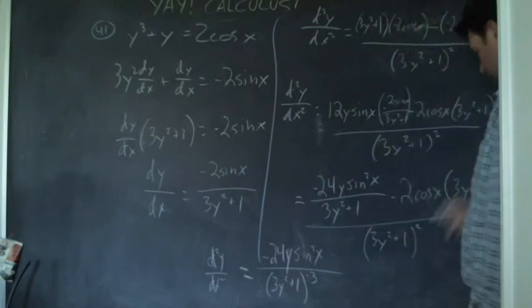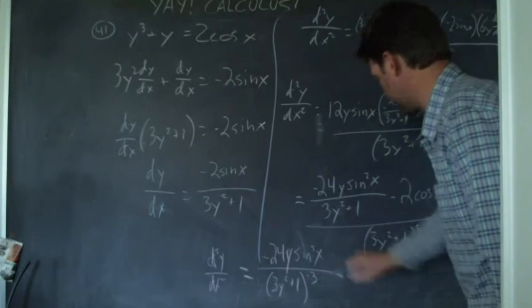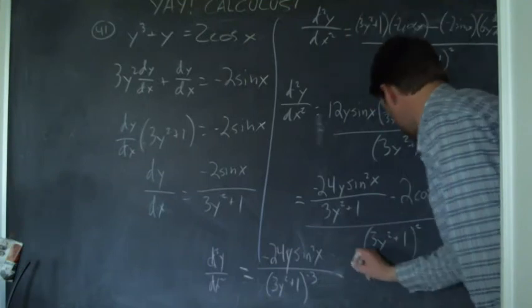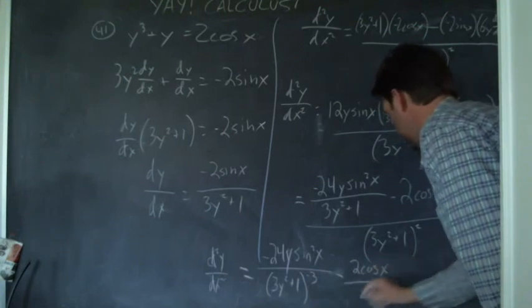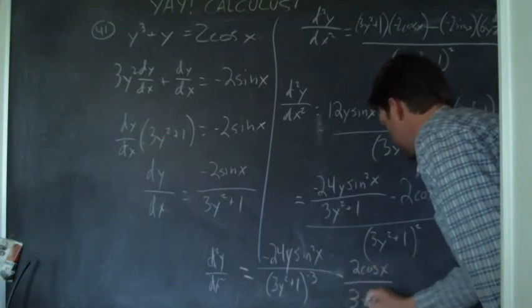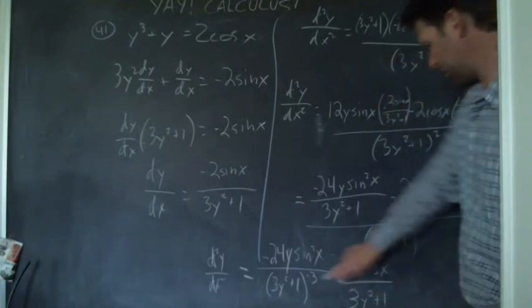And then one of these can cancel. We'll just wind up with minus 2 cosine x over 3y squared plus 1. Oh, of course, it's positive 3.